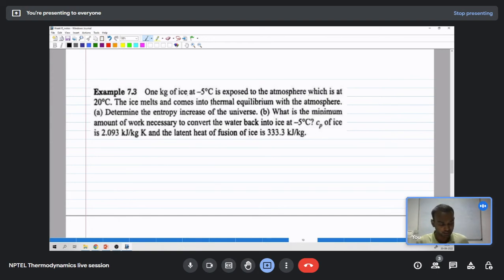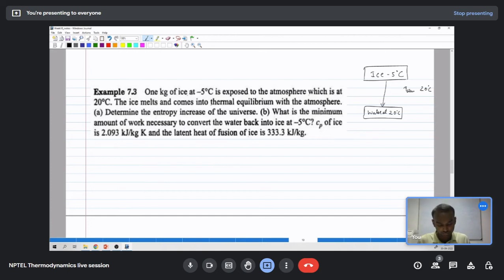So now we have an ice system at minus 5 degrees Celsius, and this is exposed to the atmosphere at 20 degrees Celsius. The atmosphere is at 20 degrees Celsius, and finally the ice has become water at 20 degrees Celsius.